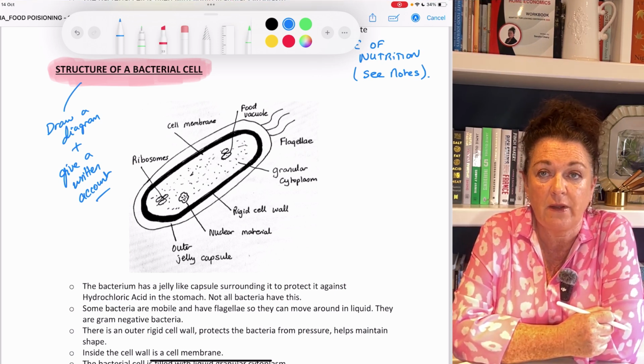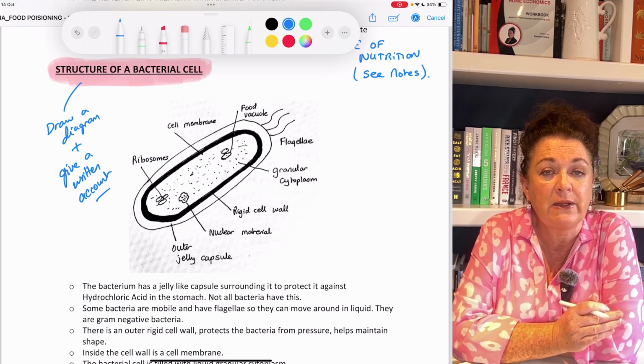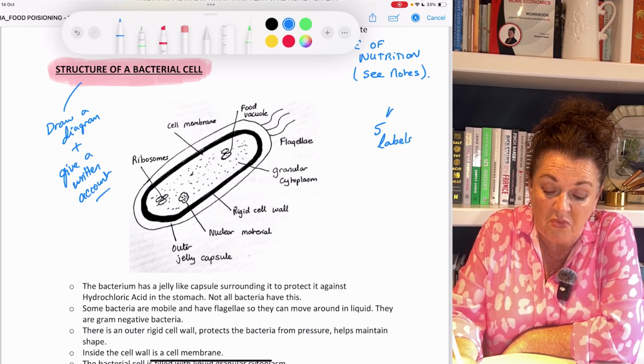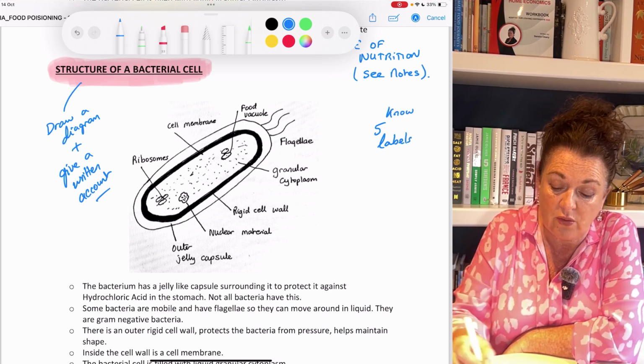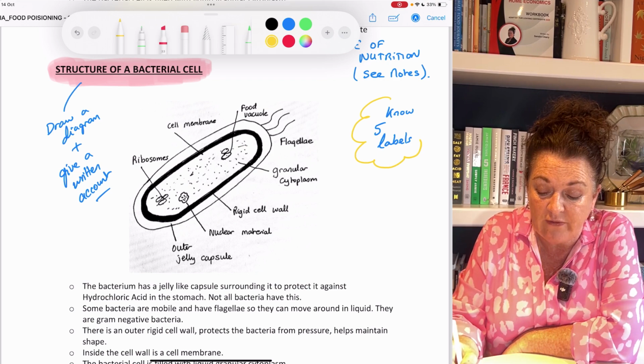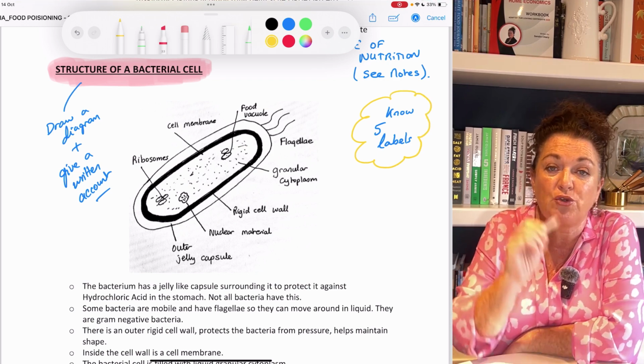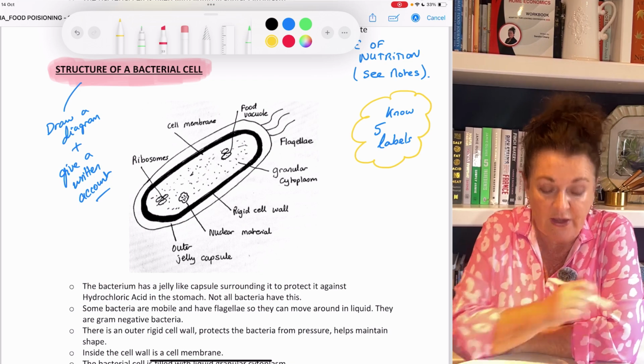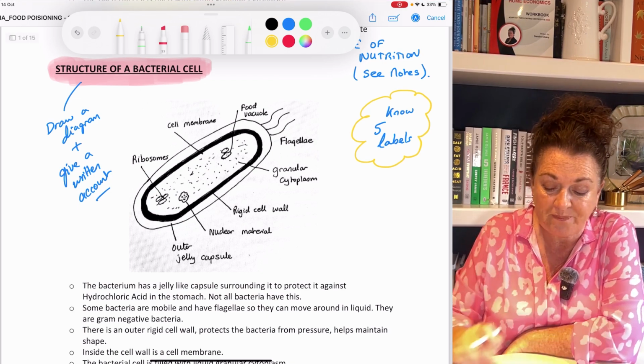For example, I think 5 labels on the bacteria structure would be more than enough to know. So whatever 5 labels you give, make sure you refer to those very 5 terms in the written description.